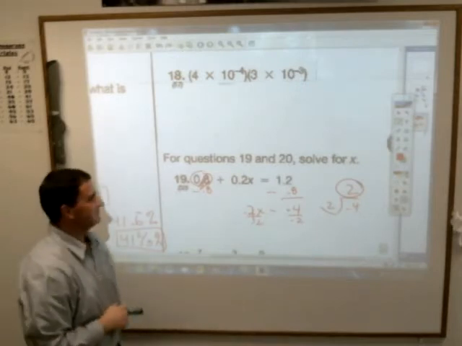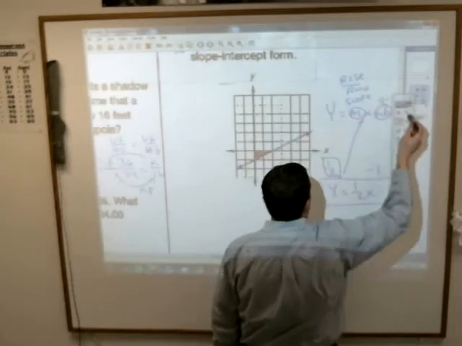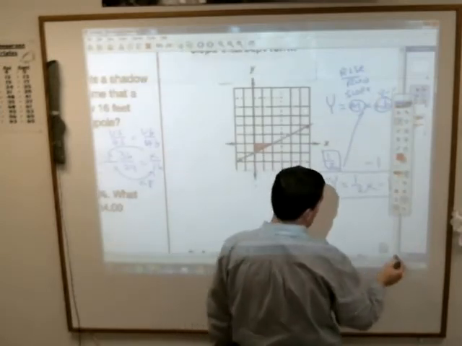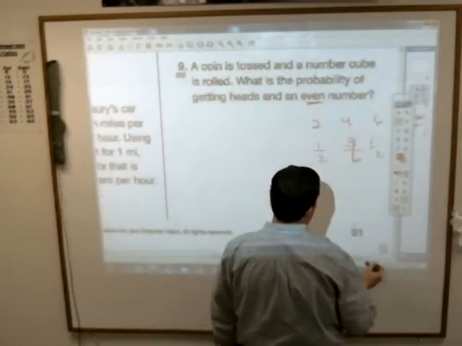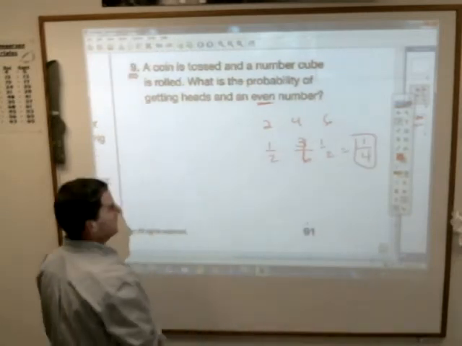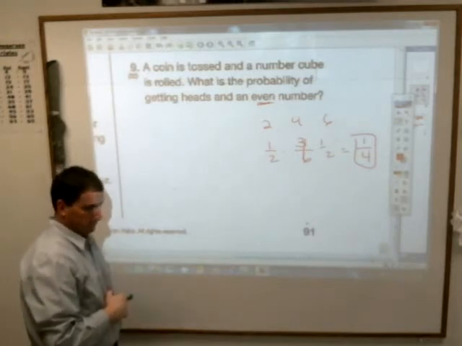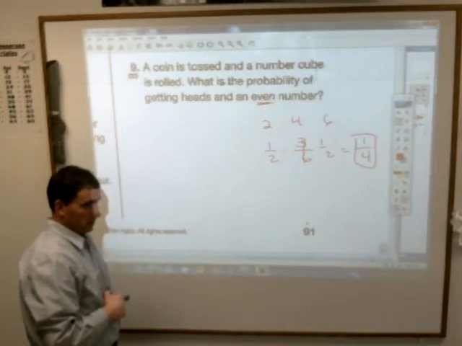For number 9, I got 1/2 because I just did how many numbers on the number cube and then heads and tails. You did how many numbers are on a number cube? Yeah, there's 6, and then I did heads and tails, which would be 8. And then I did even numbers and a head, and I got 4 out of 8.